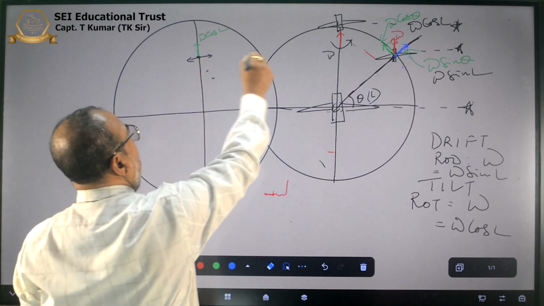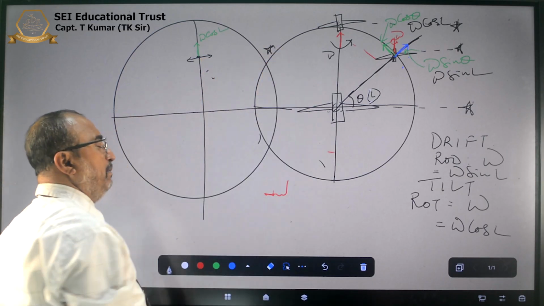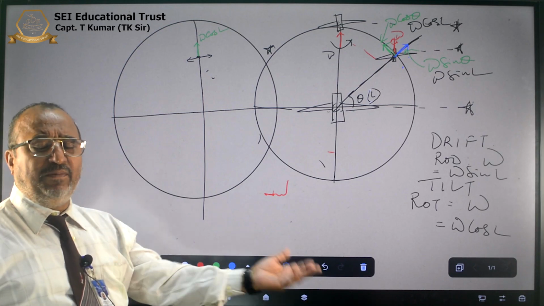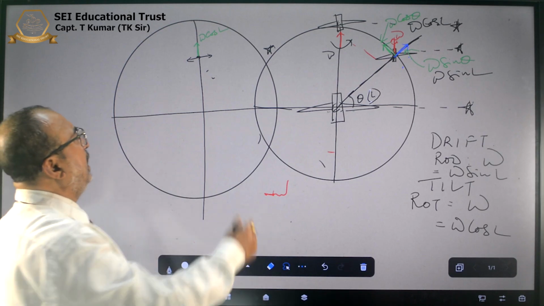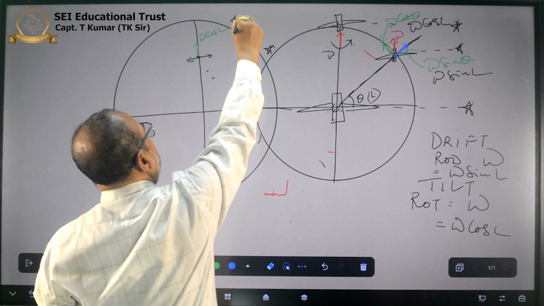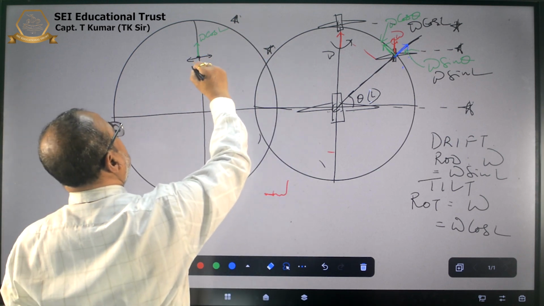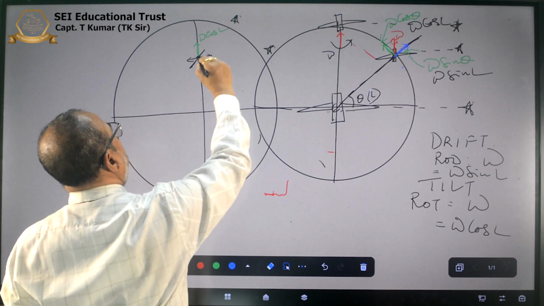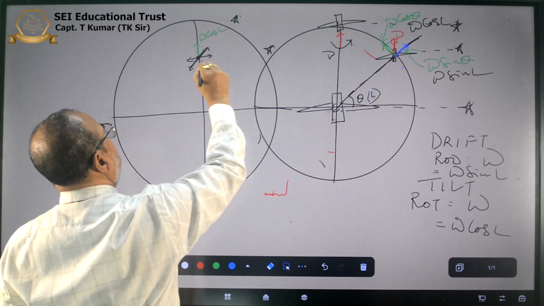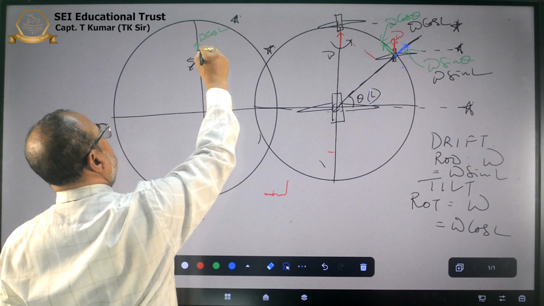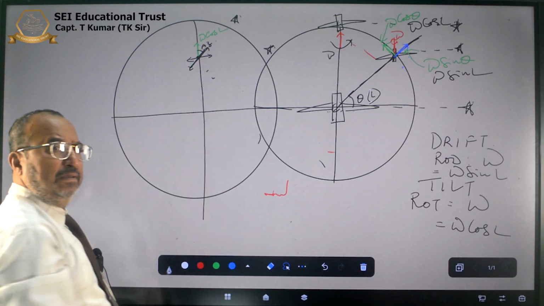When the gyro star is lying here. But suppose the gyro star is lying somewhere else. Say gyro star is lying somewhere here. Then what happens? So, here you see that gyro axis will be pointing this direction. So, this angle you take it as azimuth.